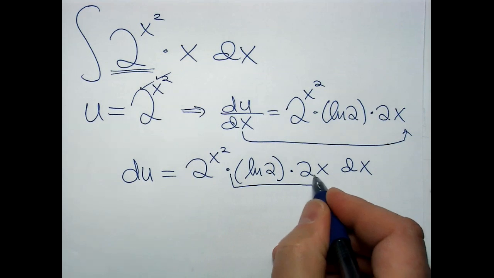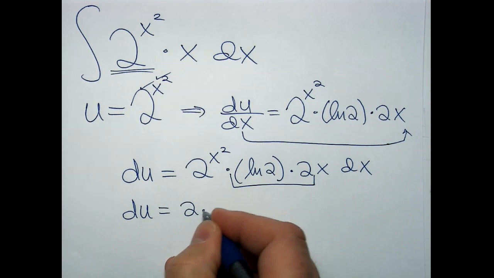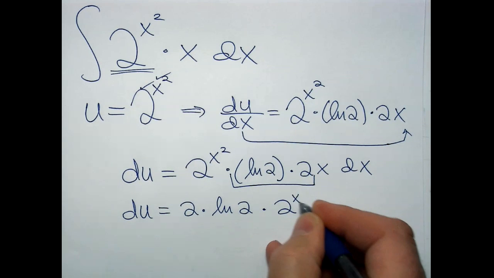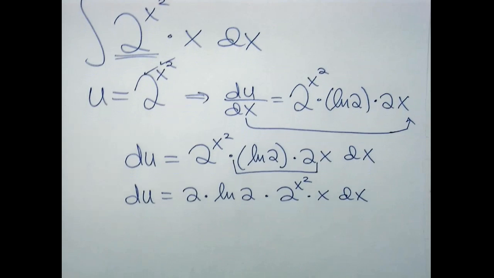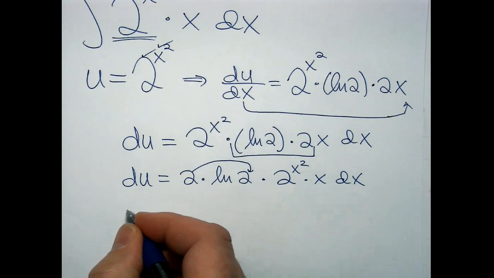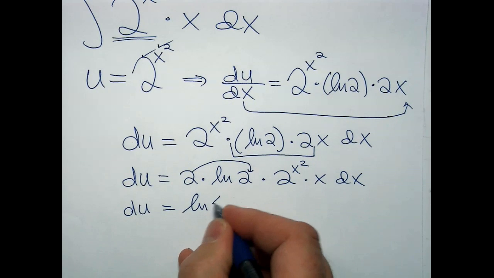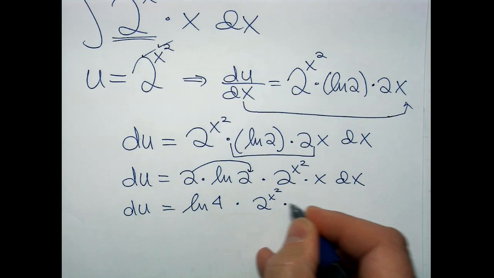These are just numbers, so I'm going to group them together in the front here. In fact, I might as well push this up as an exponent. We're allowed to do that. That would be 2 squared, right? Makes for an easier problem. It's kind of a simplified version.